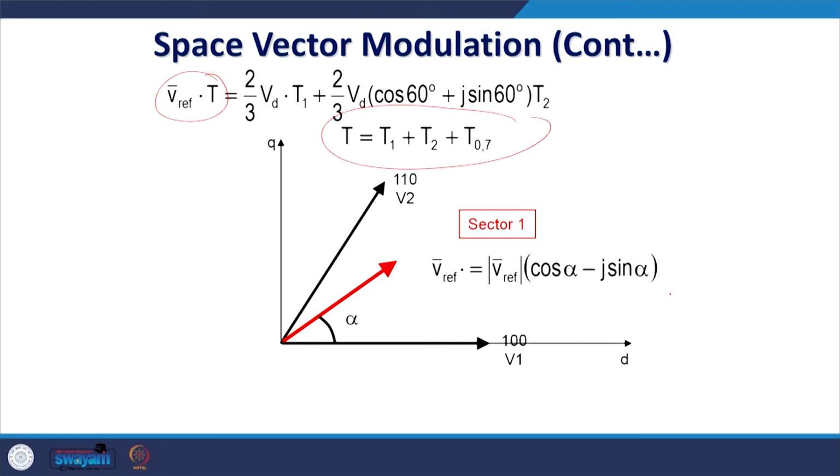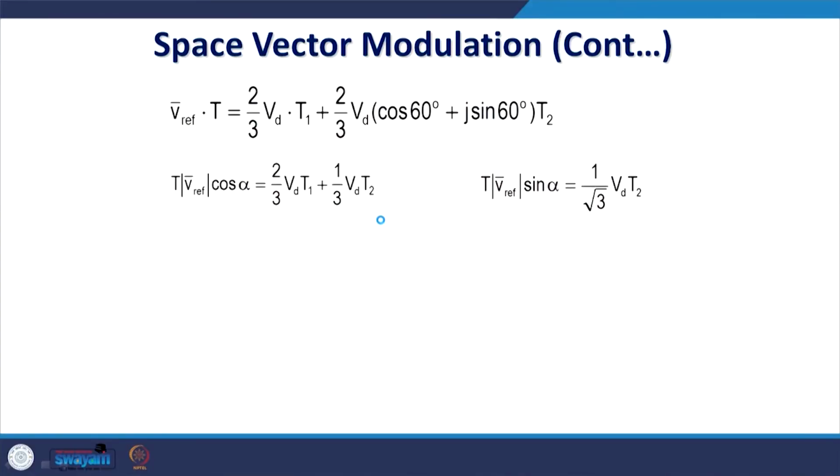You can equate them in the alpha beta axis, and later if you rotate this by the synchronous frame, this alpha beta becomes the DQ frame of reference. Thus splitting into x and y axis, which is equivalent to alpha and beta. So, we can write V ref into T like this.